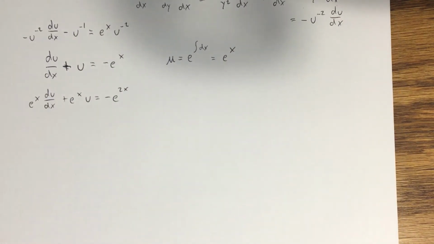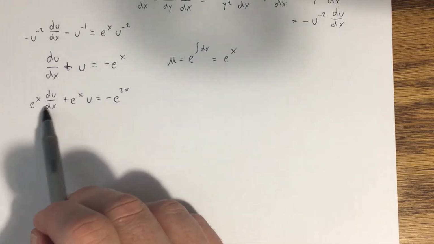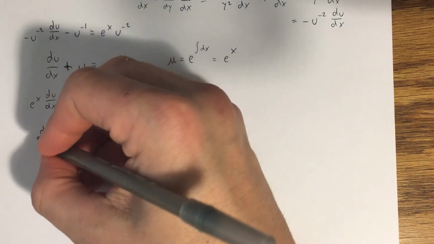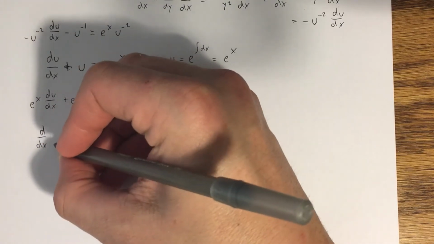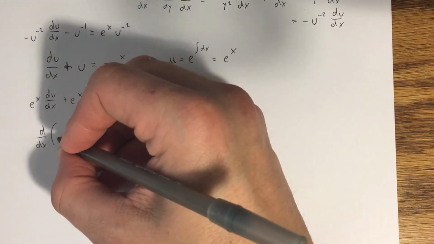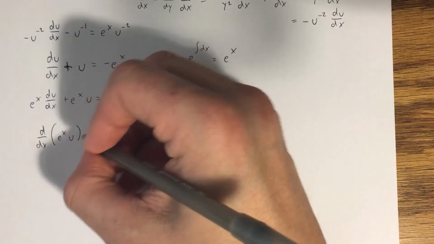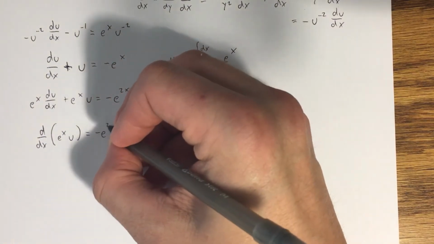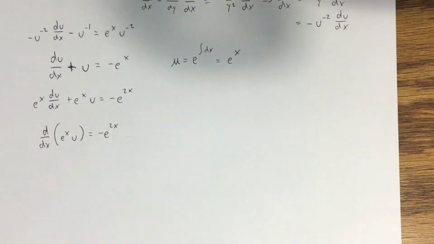Okay? Now, remember, this is dealing with a linear equation using an integrating factor. This looks like the product rule, so we condense it down and we write d/dx of e to the x times u equals negative e to the 2x. Integrate both sides.